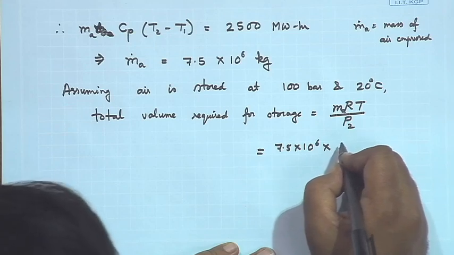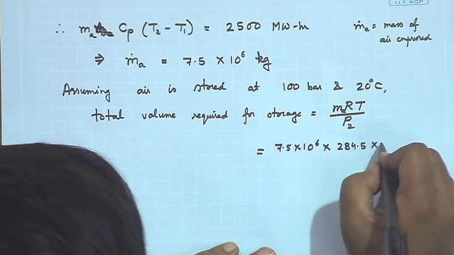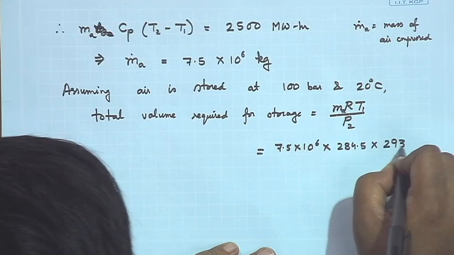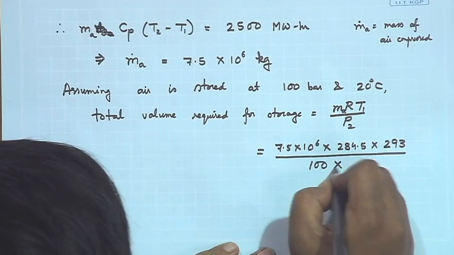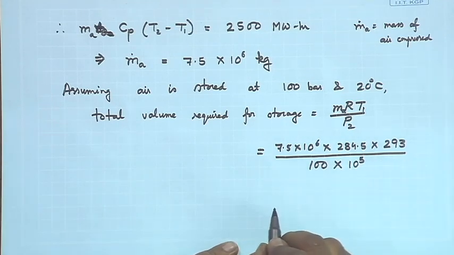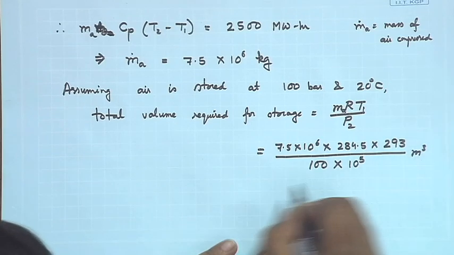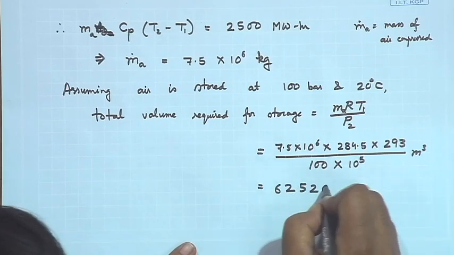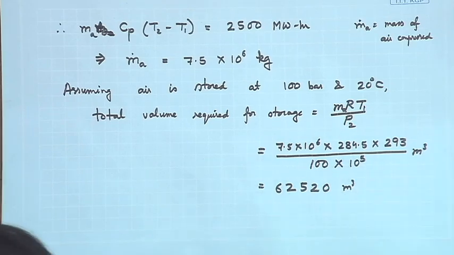So, what we will do is we will convert it to joules, therefore, 284.5 times the temperature is again back to T1, which is 293, divided by the pressure, 100 bar, 1 bar is 10 to the power 5 pascals or 100 kilopascals. So, this will be in meter cubed, turns out to be 62520. Okay. These calculations you may get a little different values, that is okay.